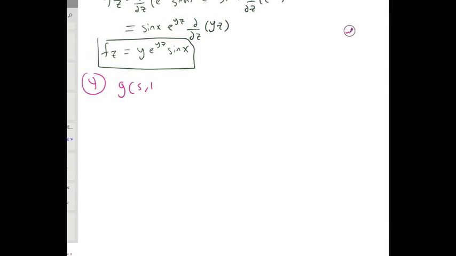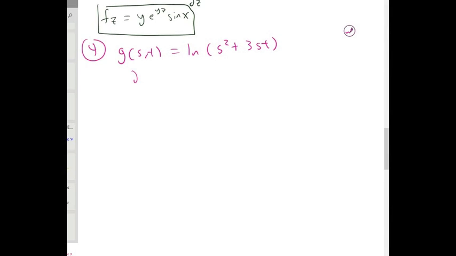g of s, t equals ln of s squared plus 3st, and we want to find d squared g dt squared, d squared g dt ds, and d squared g ds squared.